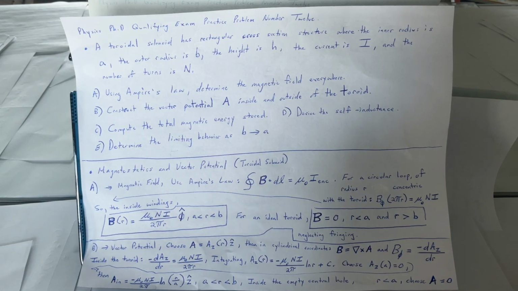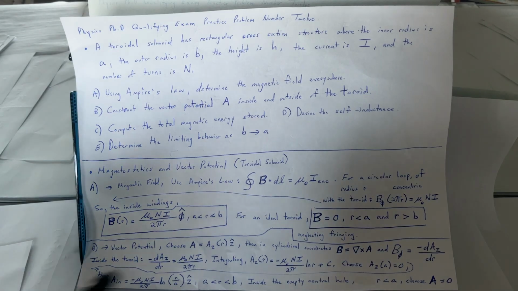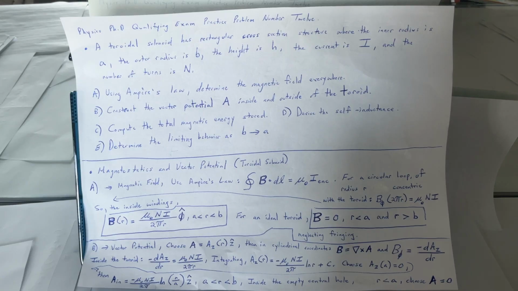Inside the toroid, negative dA sub z dr equals mu naught NI over 2 pi r. And we integrate that. A sub z of r equals negative mu naught NI over 2 pi ln r plus C. From there, we choose A sub z of a equals 0.